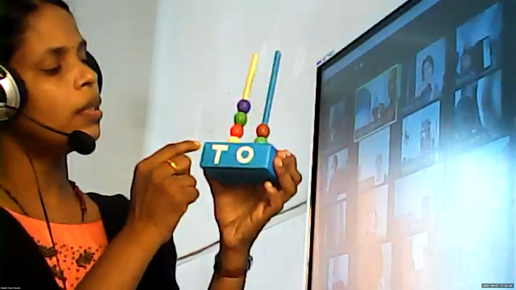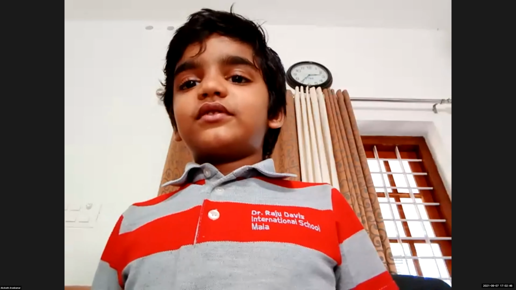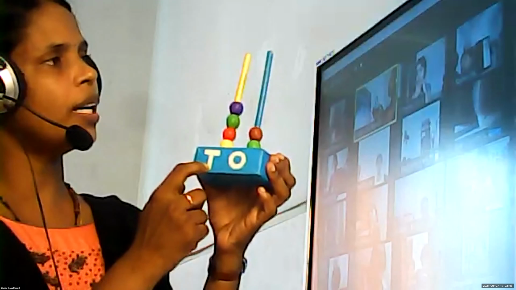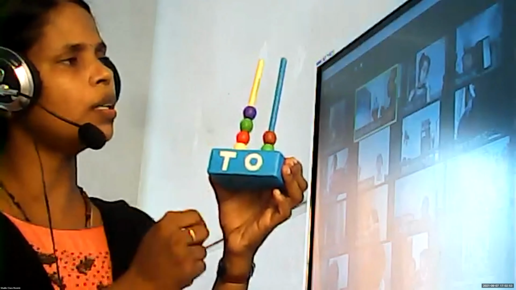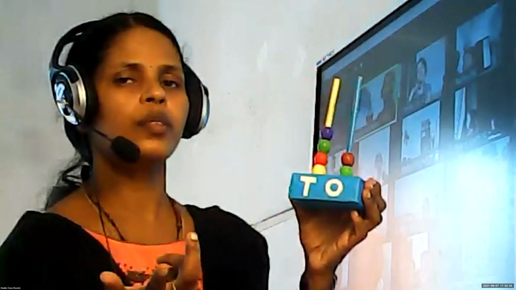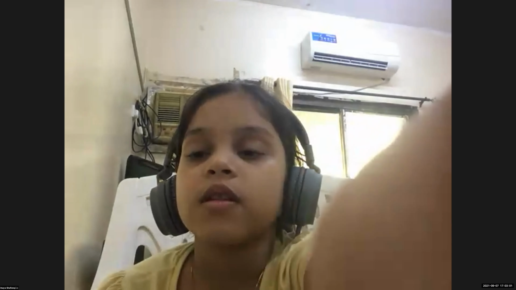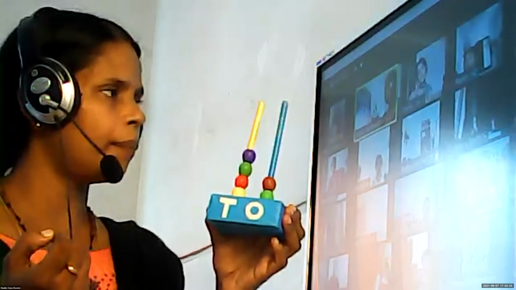So there are 4 tens. Very good, Akshat. That's 4 tens and 2 ones. What's the number? 42. So we can show a 2-digit number on an abacus.